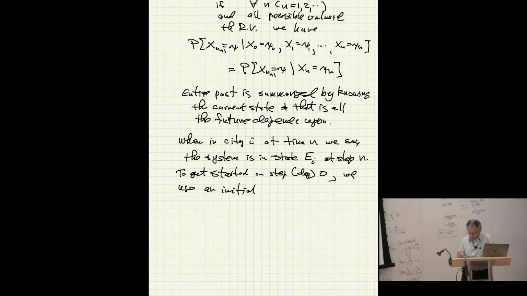Initial state means the state at time 0. Namely, the probability that x at time 0 is equal to I. You could be in any state initially, and I'll give you that distribution.